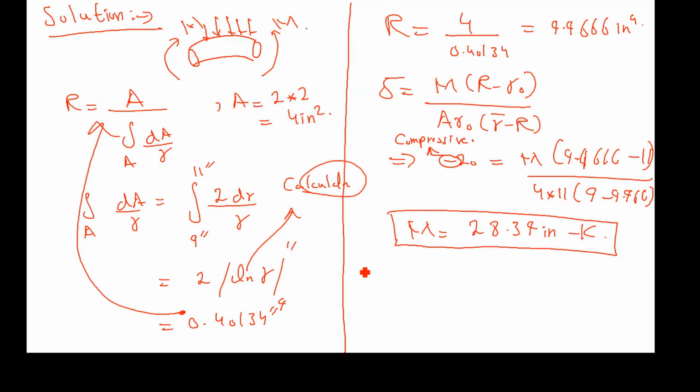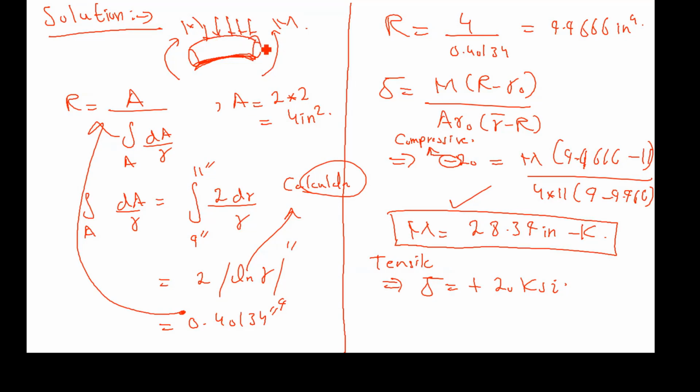Now at the bottom of the bar, the normal stress is tensile. So we will get the value of stress sigma equal to plus 20 ksi. We are taking compressive stress here as negative. This value of moment has been calculated at the top of this particular bar.